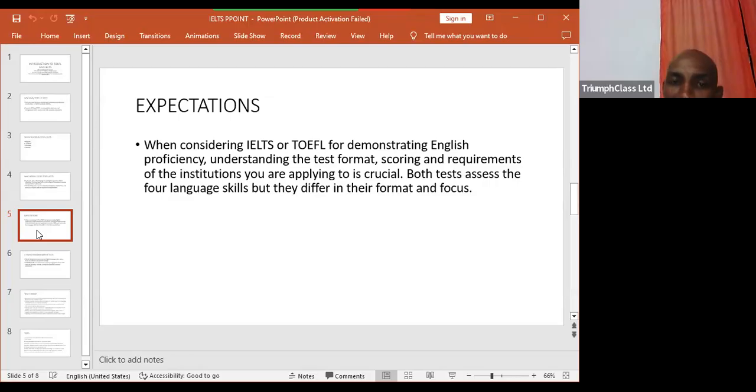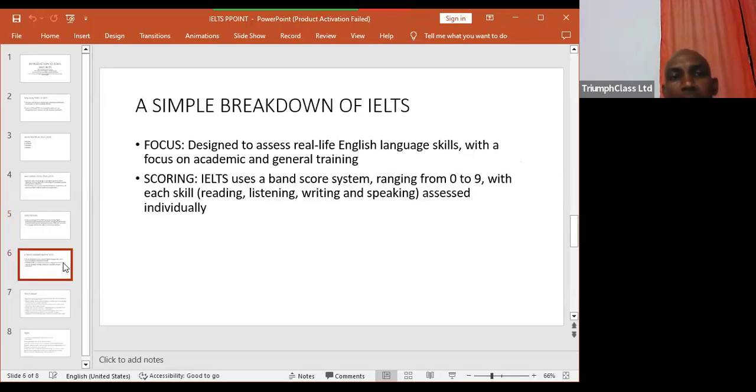There is a slight difference, much as they all test the four language skills. This is a simple breakdown of IELTS, what it entails, how the scores are awarded, and what is basically in IELTS.